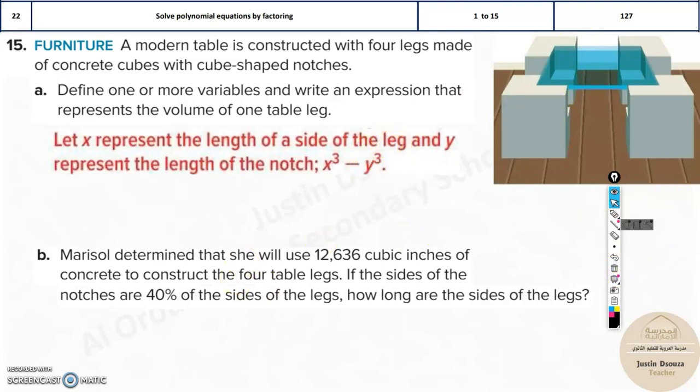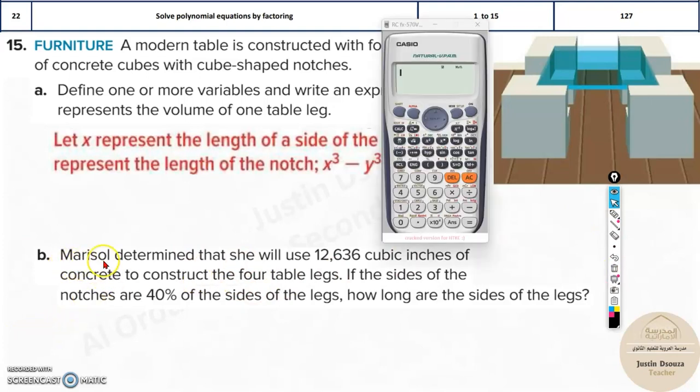Now let's look at the second question. It says Marisol determined that she will use 12,636 cubic inches of concrete to construct the 4 table legs. If the sides of the notches are 40% of the sides of the legs, how long are the sides of the legs? It's very simple, but you need to understand everything properly.